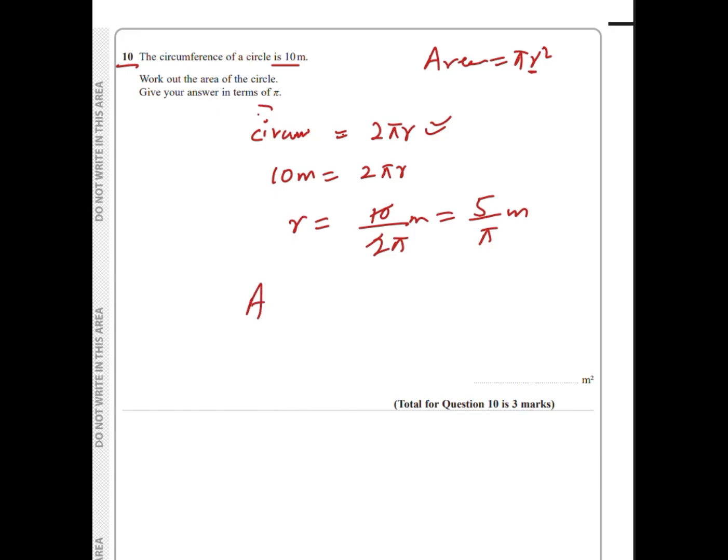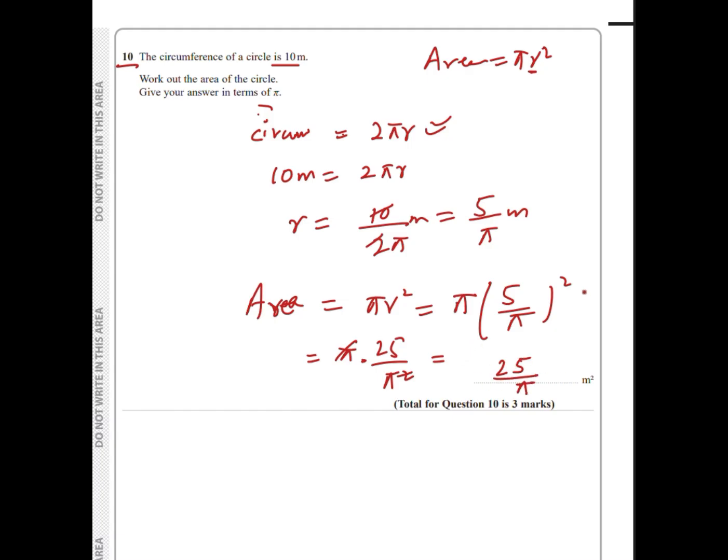Putting that in the formula of area, we're going to get pi r squared, which is going to be pi bracket 5 over pi squared, and this is going to be pi 25 over pi squared. This square and this pi cancel out each other, so we only have one pi left. So your answer would be 25 over pi.